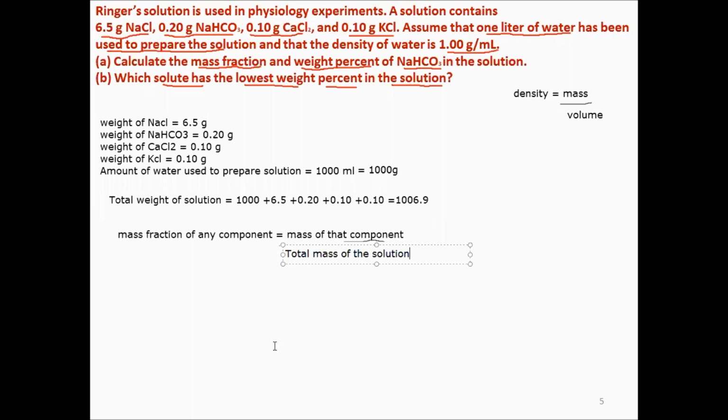These components are in the form of a solution, so we can simply write total mass of the solution.